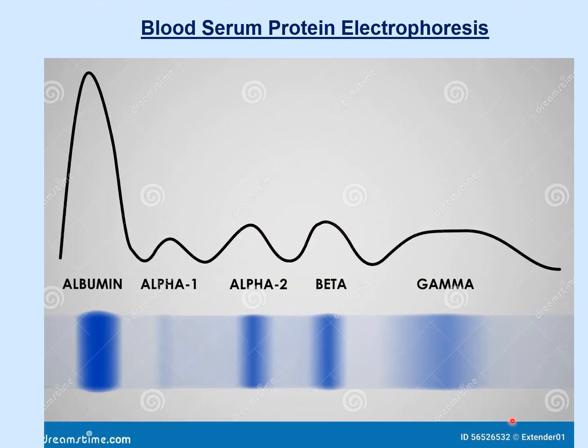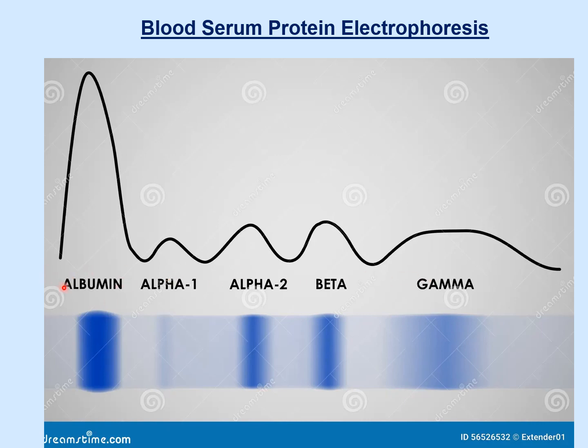This picture illustrates the result of electrophoresis. We have discussed this picture. You can find here the result of paper electrophoresis, and there are some fractions. The biggest fraction is albumin, because the concentration of albumins in blood is higher than in other fractions.